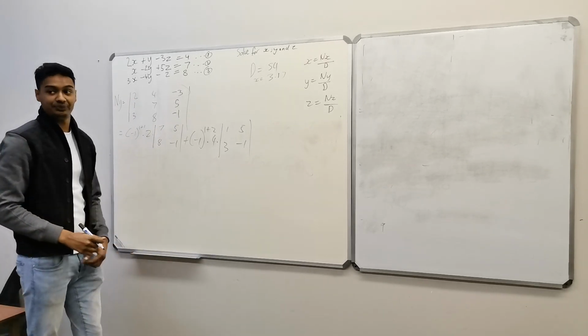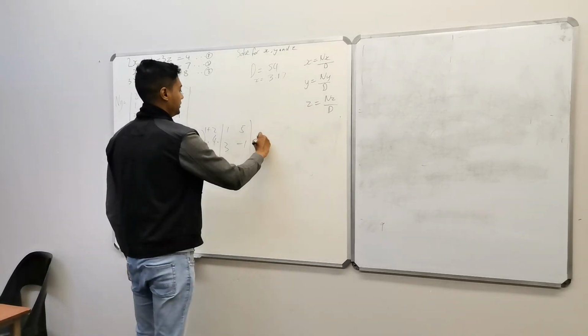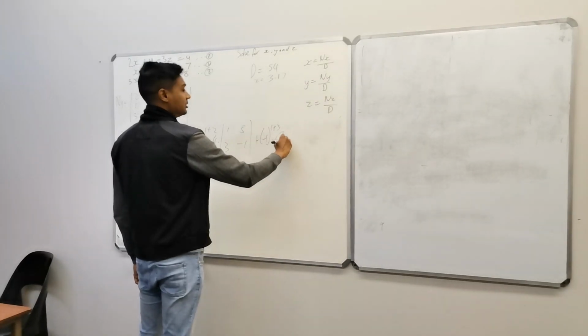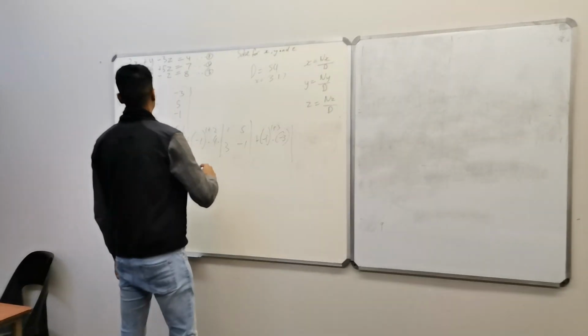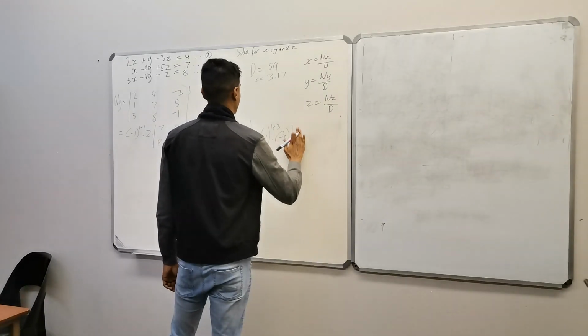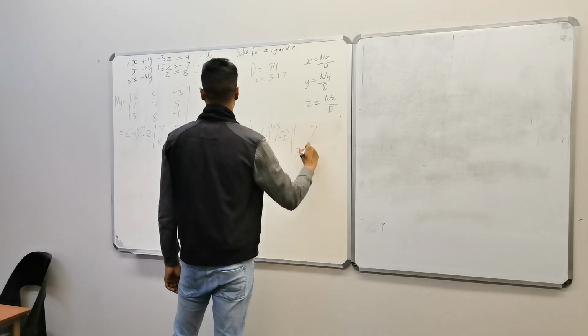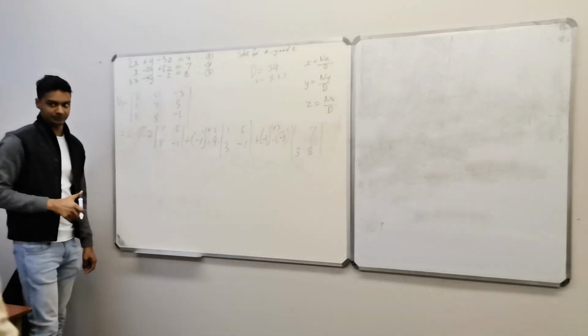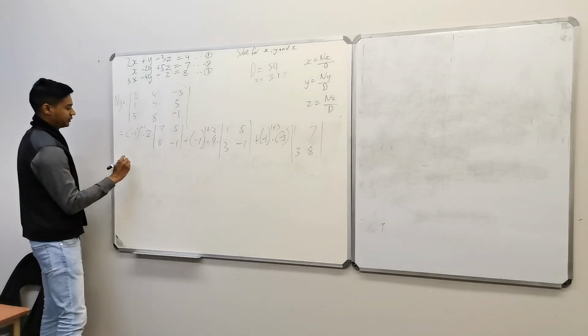Is that 5? Yes. Okay, 1 plus 3 times minus 3. Plot out the top and last column. So that will be 1, 7, 3, and 8. Okay, that's 5? Yes.